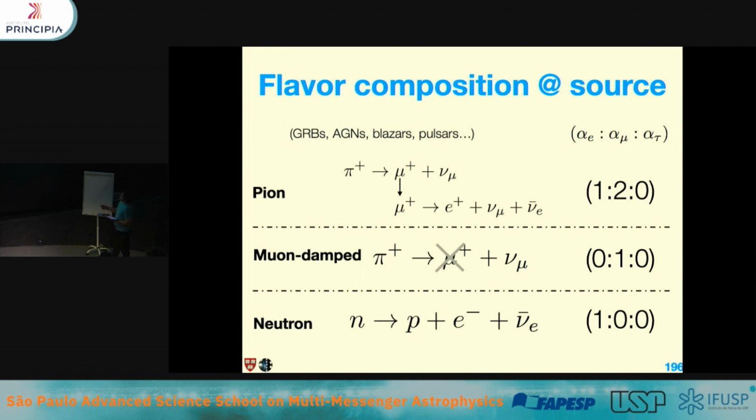This pion, of course, decays like this, and then this muon subsequently decays like that. And so in a pion source, you end up with 2 muon neutrinos and 1 electron neutrino. So if we look at the relative amounts of electron, muon, to tau neutrinos, we can label that as a 1, 2, 0 source, right? So no tau neutrinos and twice the number of muon neutrinos to electron neutrinos.